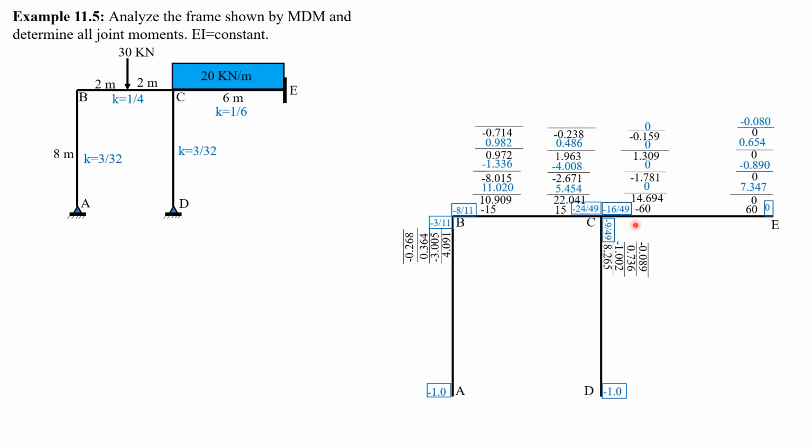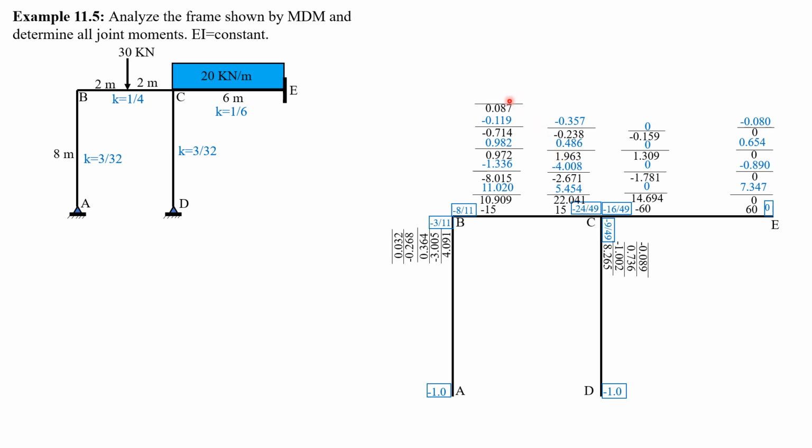Negative 0.357 times negative 16 over 49, 0.117, lock partially. Negative 0.357 times negative 9 over 49, 0.066, lock partially. Negative 0.08 times 0, lock partially. Half of 0, half of 0.117, 0.058, half of 0.087, 0.044, half of 0.175, carry over there, 0.088.